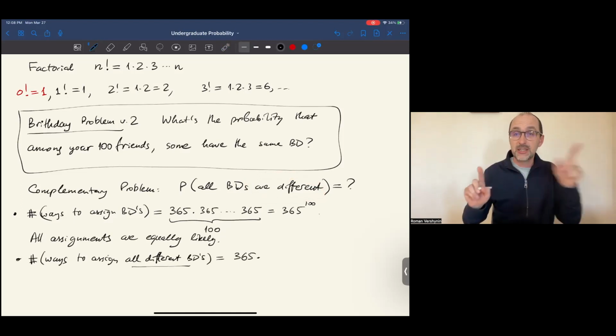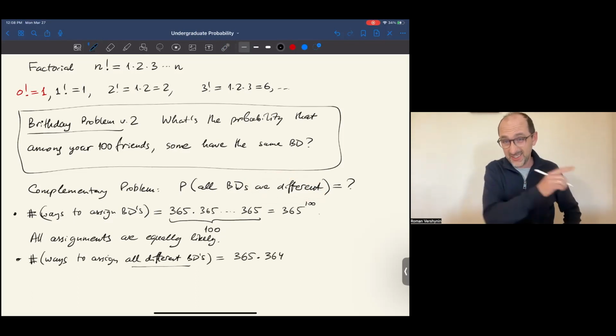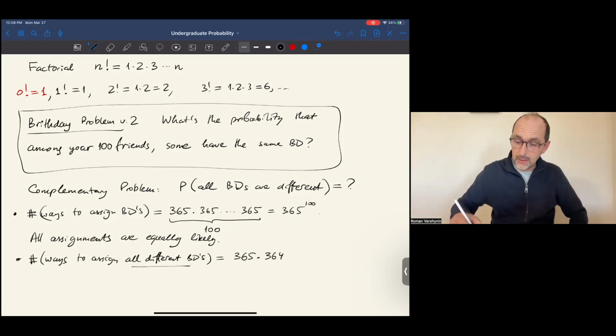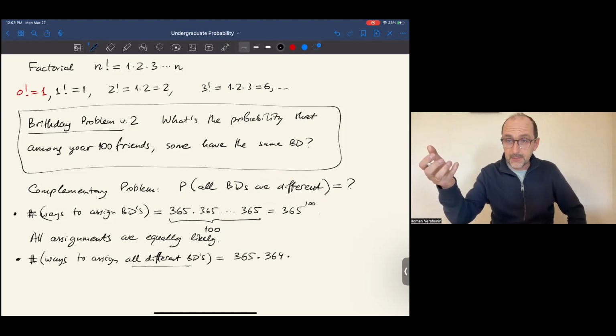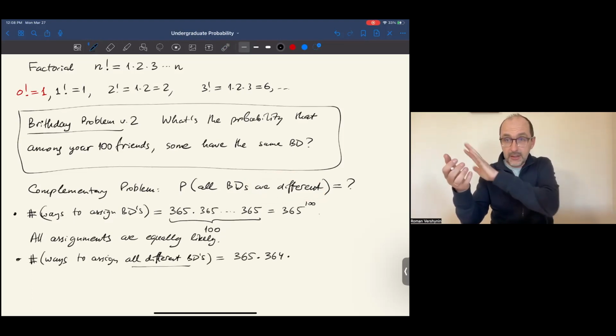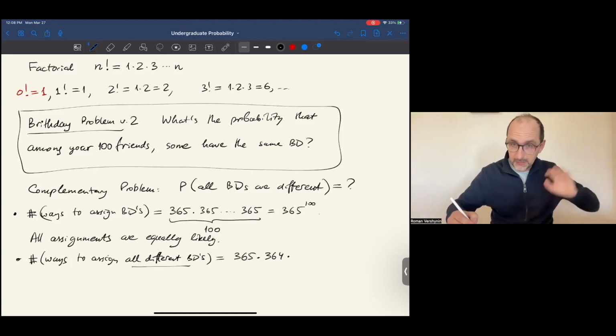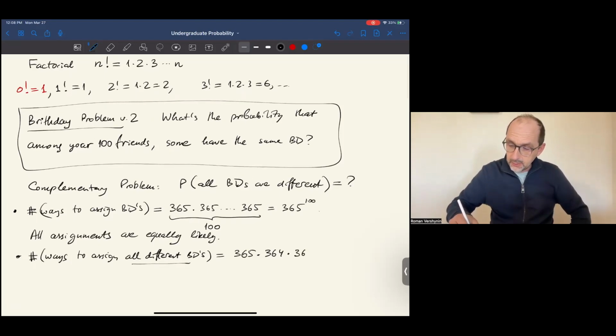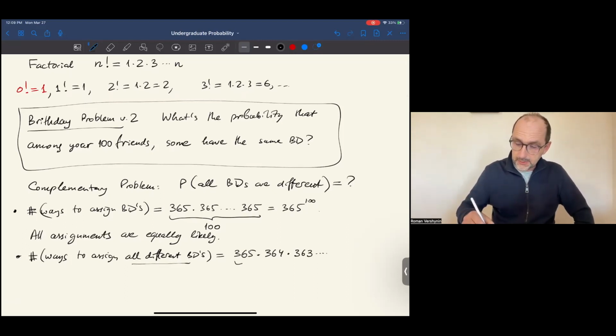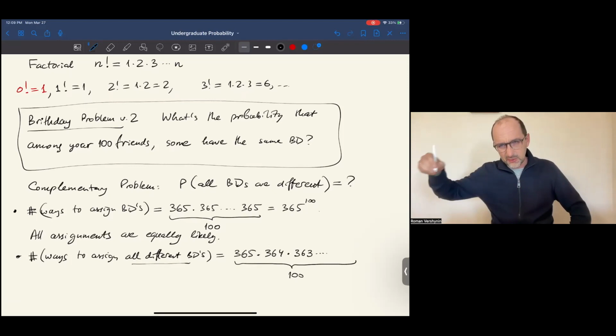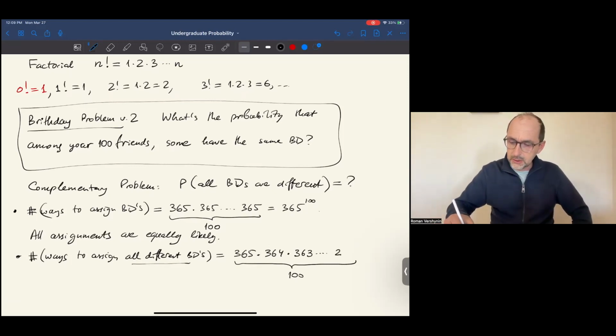It'd be different from friend one's. 364, because we can't assign the same birthday as for the first friend. Now let's look at friend three. We can assign any birthday except those that are already taken by friend one and friend two. That leaves 363 possibilities, and so on. So we multiply these numbers for all the friends, 100 times, and the last number in this list going down, if you think a little bit, will be 266.